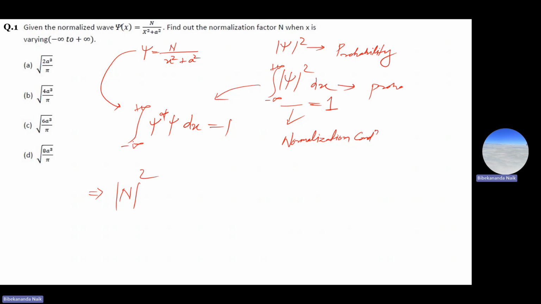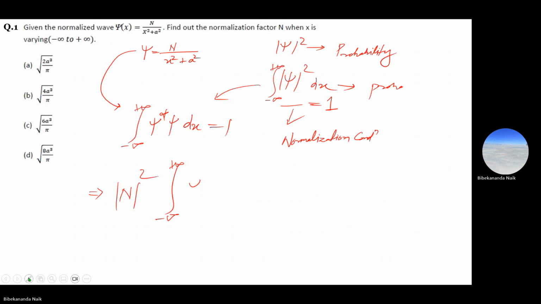In both cases there will be N, so N mod square, then the integration from minus infinity to plus infinity of 1 by x square plus a square, whole square, dx equals 1.